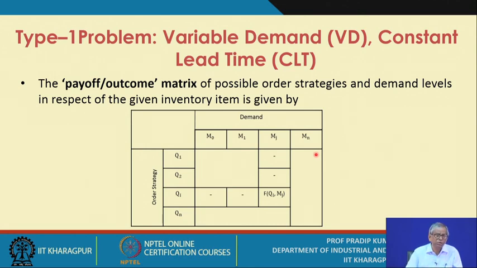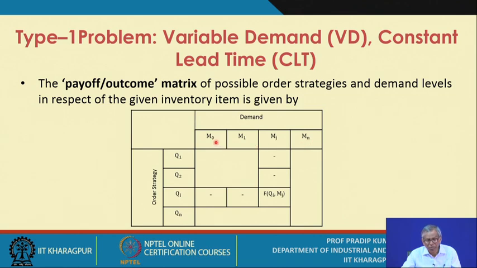Mainly we have used the term the payoff or the outcome, against a particular order quantity and a demand level. So you need to determine the payoff or the outcome. When you consider all the possible demand levels, suppose here is a case where the demand levels are possible from 0 to n.